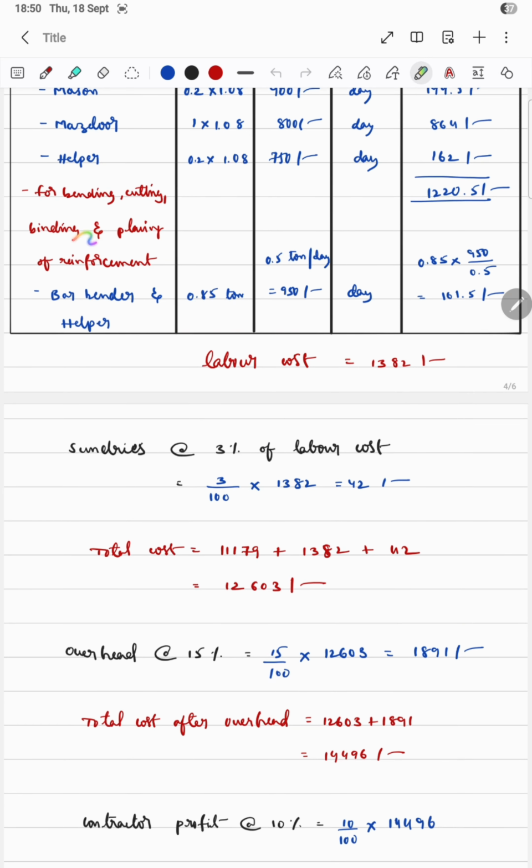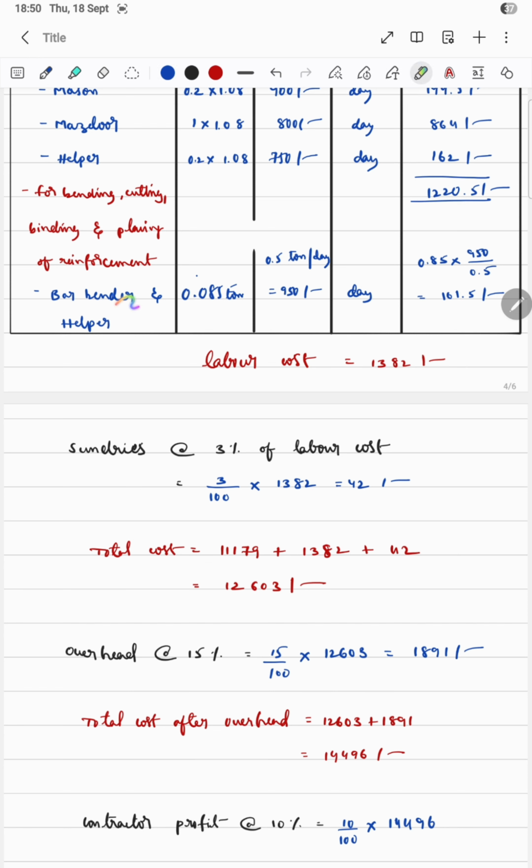For bending, cutting, binding and placing of reinforcement, we need bar benders and their helpers. For our quantity, it is not 0.85 tons but 0.085 tons, because 85 kgs divided by 1000 is 0.085 tons.